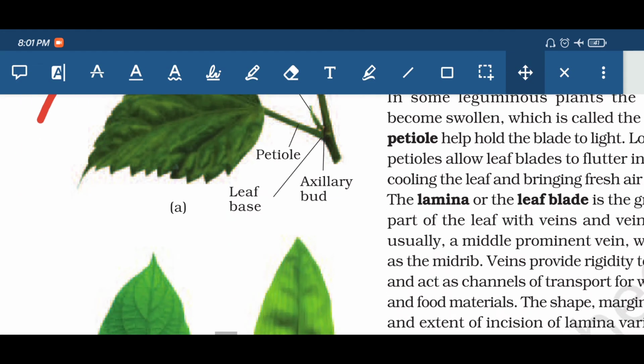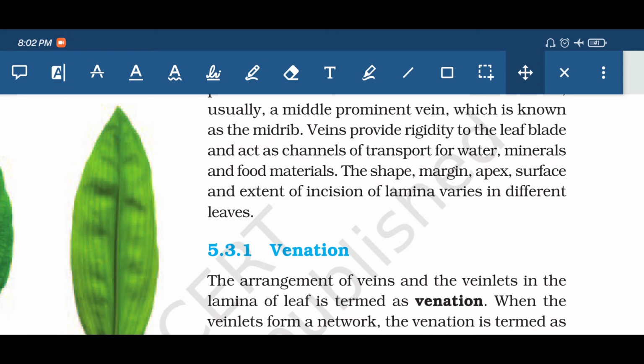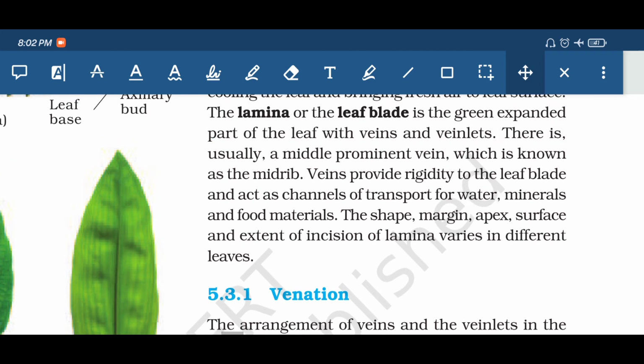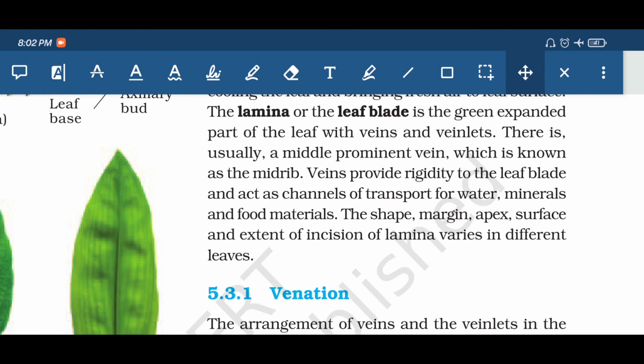Is it clear? They are trying to say that each leaf is different from the other. Also, before this line they talk about veins and veinlets. The main midrib is called the vein, and the branches arising out of the midrib are called veinlets.